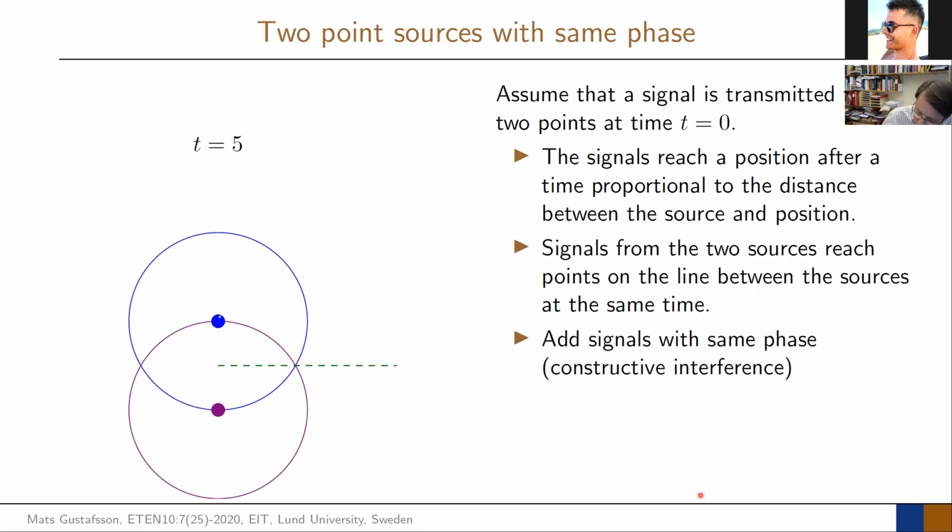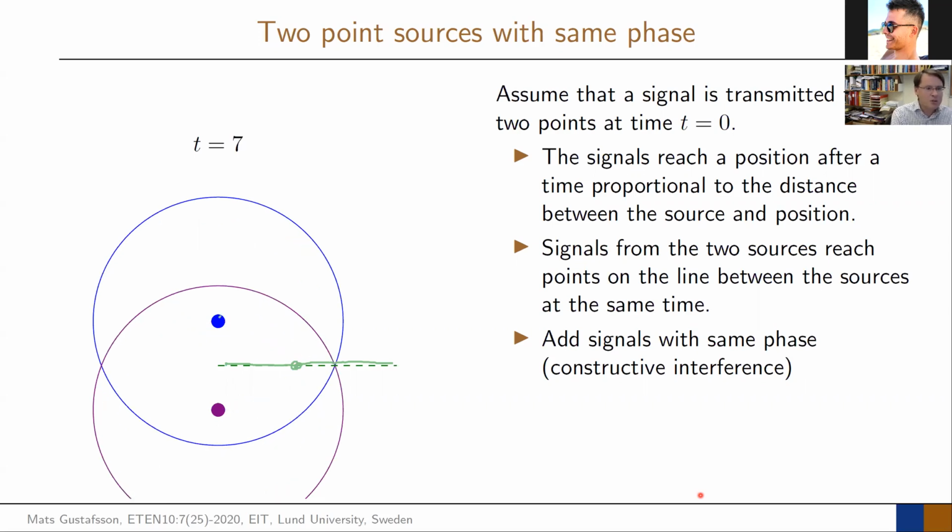And what we can see now is that if you follow a line out here, you always get constructive interference. So if you sit on a line out from this, the distance to that line is as long from the blue and purple one. So when I continue out here, they're always on that dashed line. That means I should add up the 2 signals on that line. I have constructive interference.